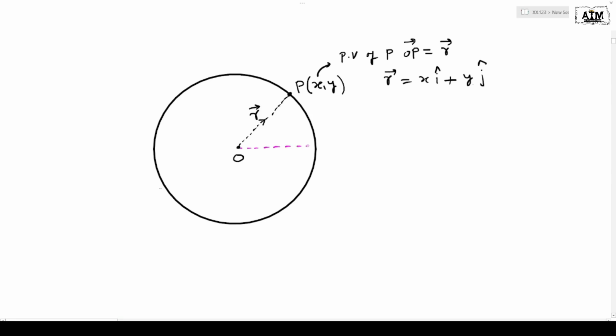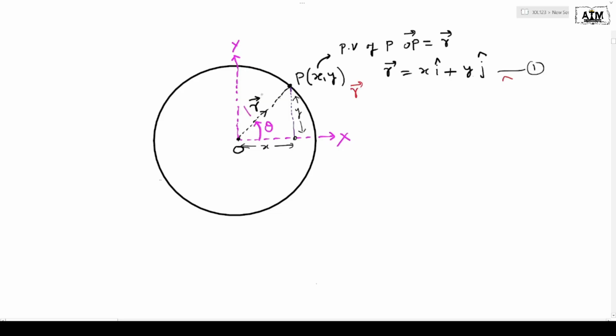Let us say this is the x-axis and this is the y-axis, and the angle made by the position vector with respect to the x-axis equals theta. Let us draw this projection on the x-axis and call this distance x on the x-axis and the vertical distance be y.